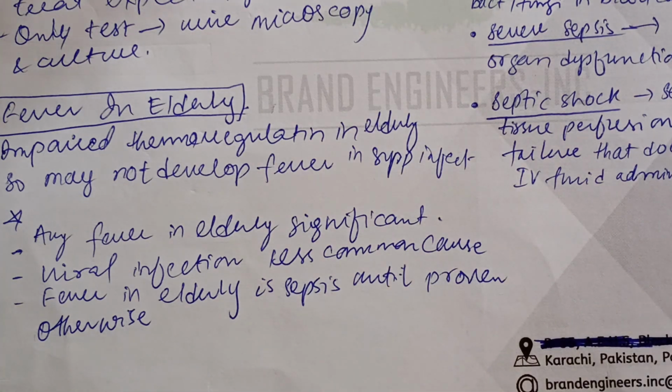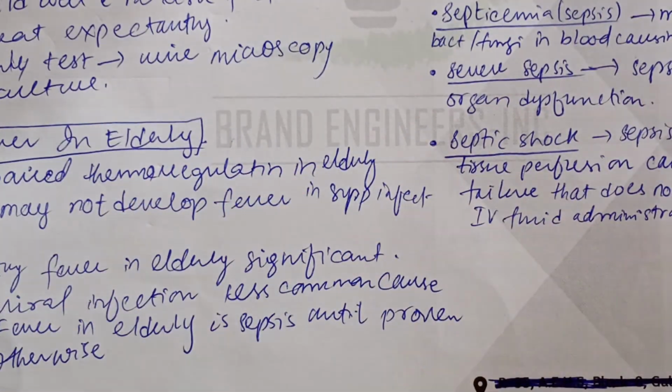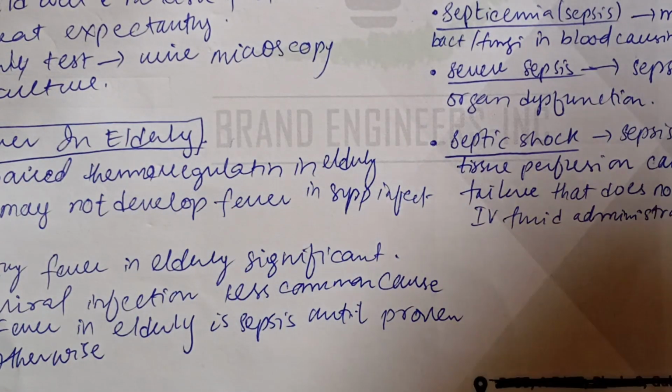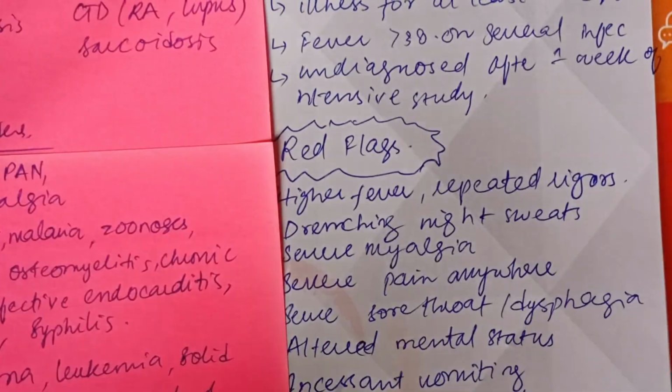Elderly patients who are mistreated and not taken care of are prone to develop certain infections. So we are going to label fever in the elderly as sepsis until proven otherwise.